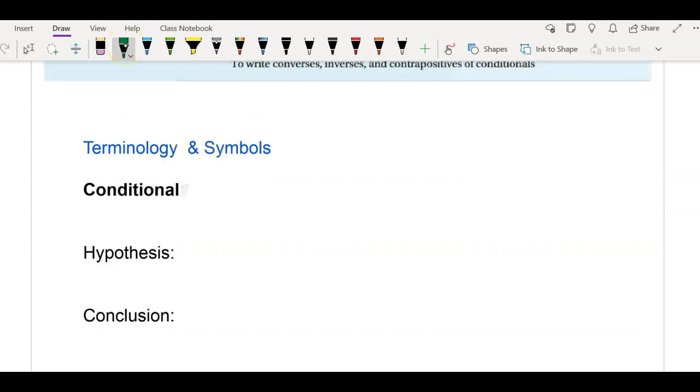So a conditional statement is an if-then statement. And the notation for if-then statements is P, the arrow, followed by Q. And it's read, if P, then Q. The hypothesis is part P of the statement, which follows the word if.